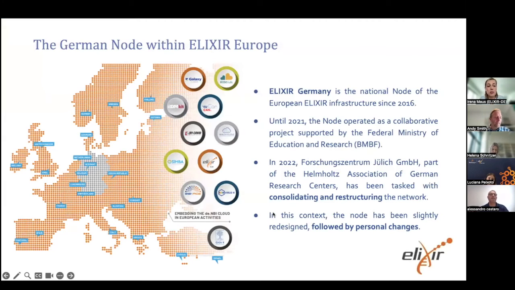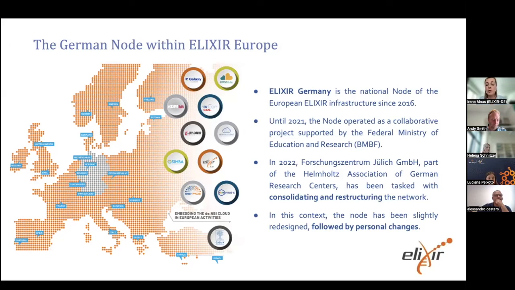I am a member of Elixir Germany, and Elixir Germany has been the national node of the European Elixir infrastructure since 2016. Until 2021, the node was operated as a collaborative project supported by the German Federal Ministry of Education and Research. Back in 2022, the ministry decided to provide permanent funding for Elixir Germany.